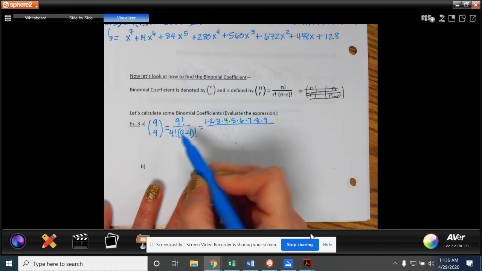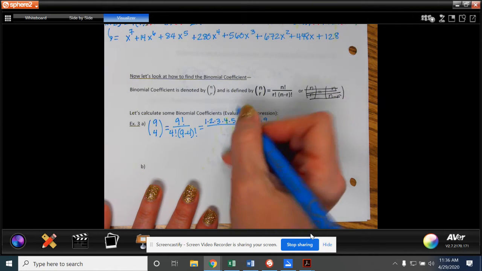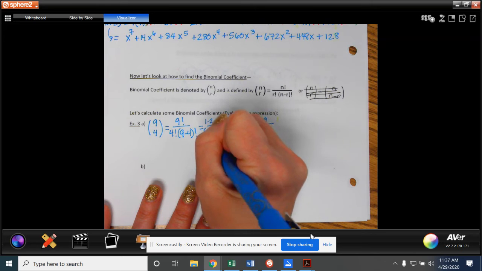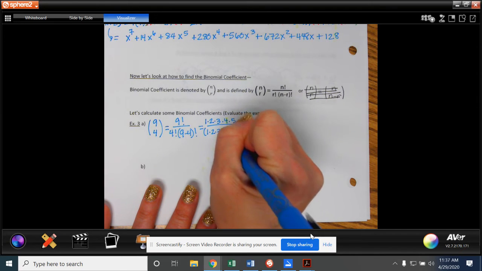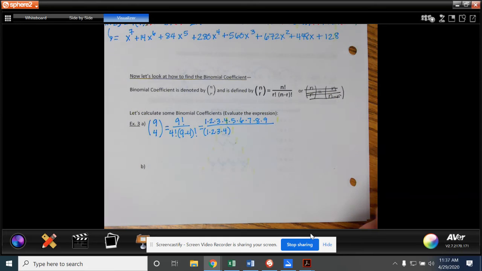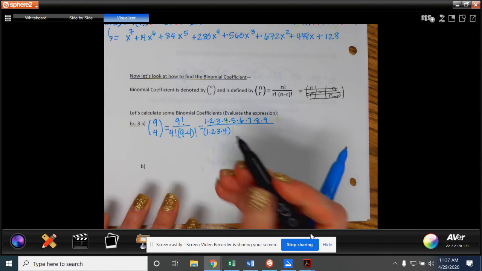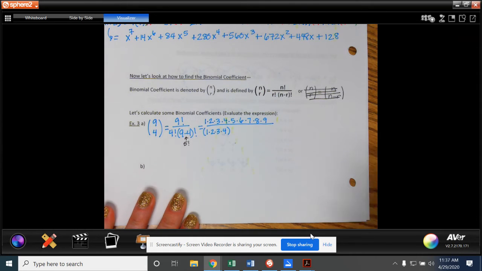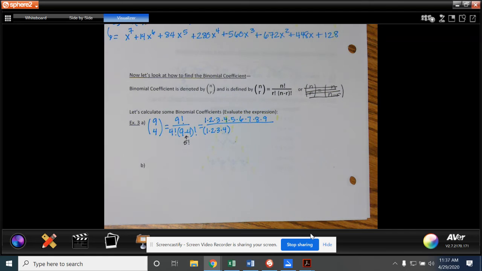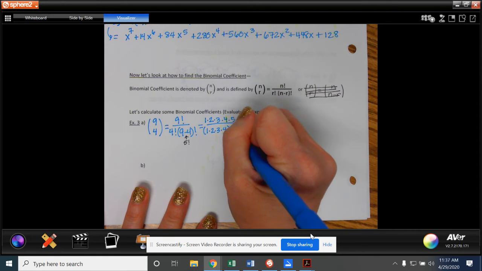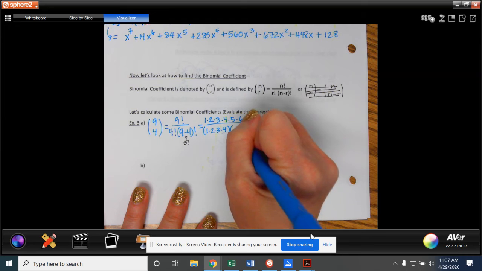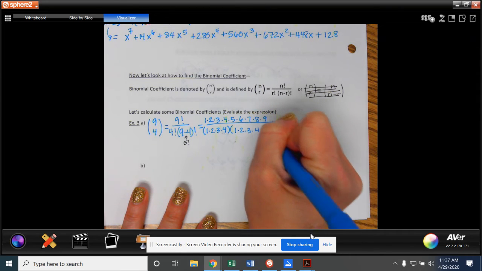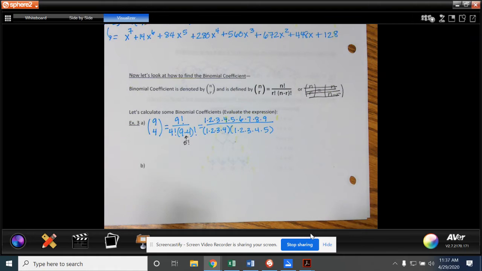That's all over these two pieces being multiplied. Well, 4 factorial is 1 times 2 times 3 times 4, or go from 4 down to 1. And then this item right here truly is 5 factorial in the end. So that would be multiplied by 1 times 2 times 3 times 4 times 5, or backwards, 5 times 4 times 3. It's typically 5 to 1, but I don't care which way you go.